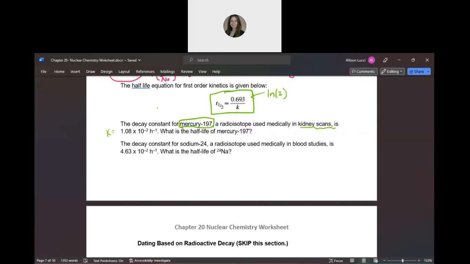So that would be 0.693 divided by 1.08 times 10 to the negative 2. And when we do that, we find this would equal about 64.2 hours. So this is the half-life for this isotope of mercury, mercury 197.